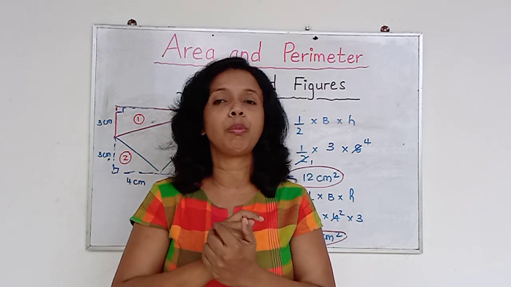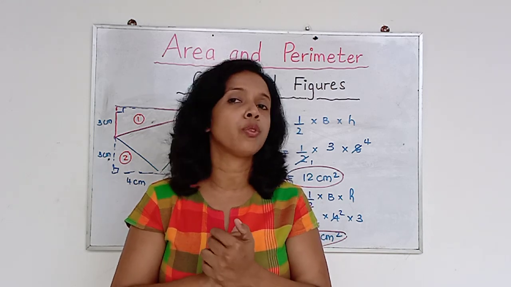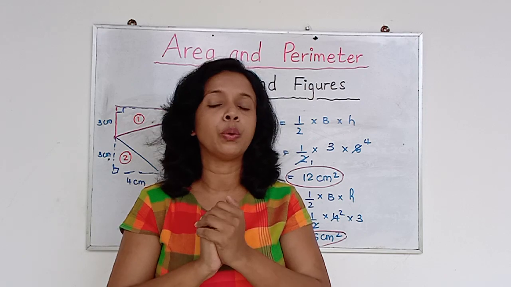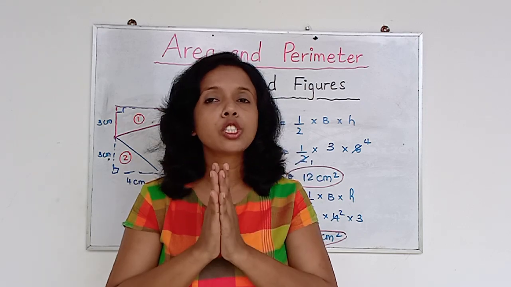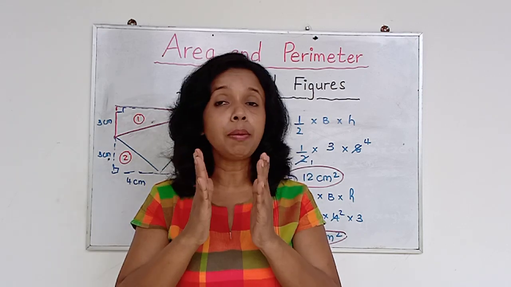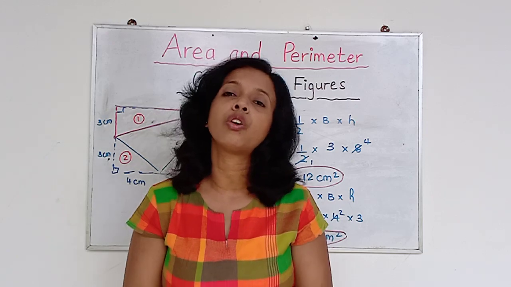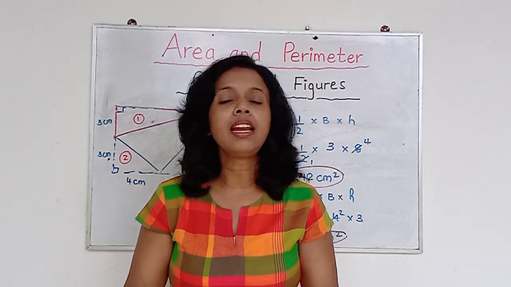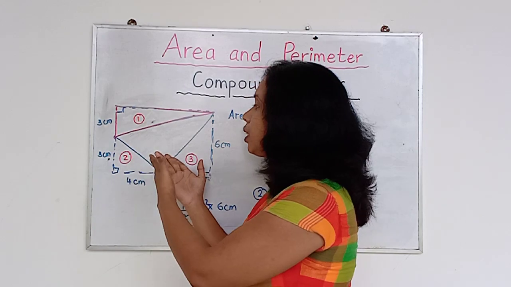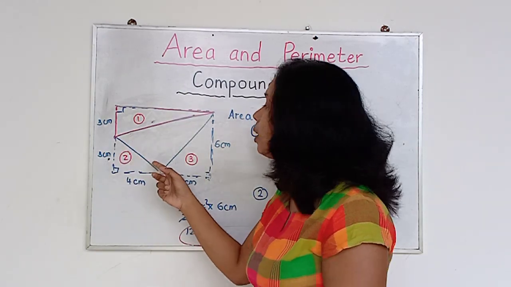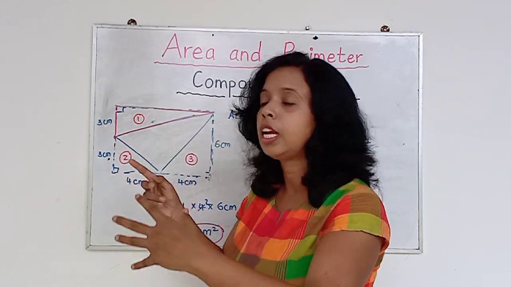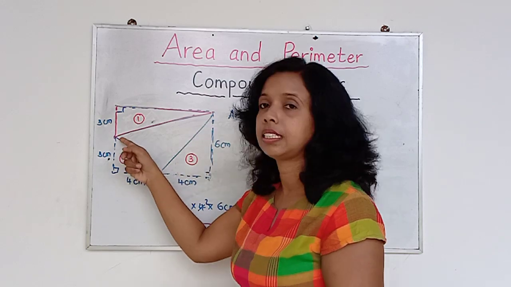And one thing before winding up today's lesson, I want to tell you, if they ask you to find the perimeter of a compound figure, what you want to do? Again, let's say in this question they are asking the perimeter of the triangle you have. Then you want to add these three.